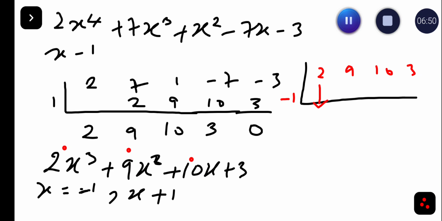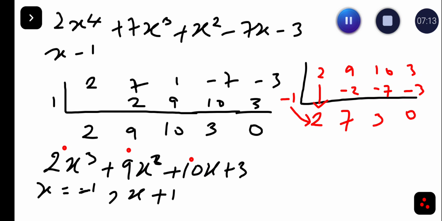This one comes down automatically. Then -1 times 2 is -2, and 9 minus 2 gives 7. -1 times 7 is -7, and 10 minus 7 gives us 3. -1 times 3 is -3. 3 minus 3 is 0.